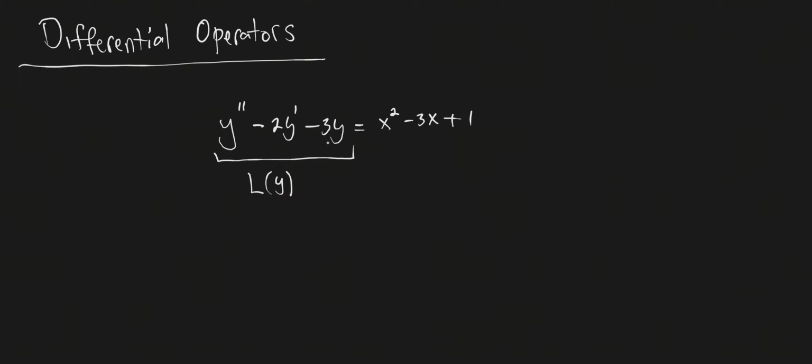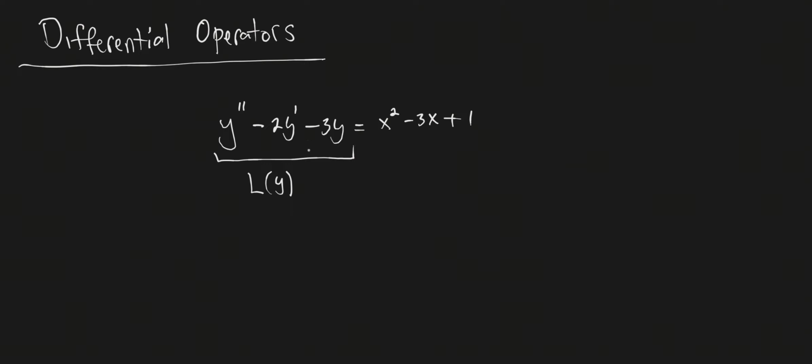because when you think of what's going on at this side, the operations here are with respect to a certain function. So it's like you're trying to find a function that when you differentiate it twice and subtract 2 times the first derivative and minus 3 times the function, it's going to give you this quadratic.